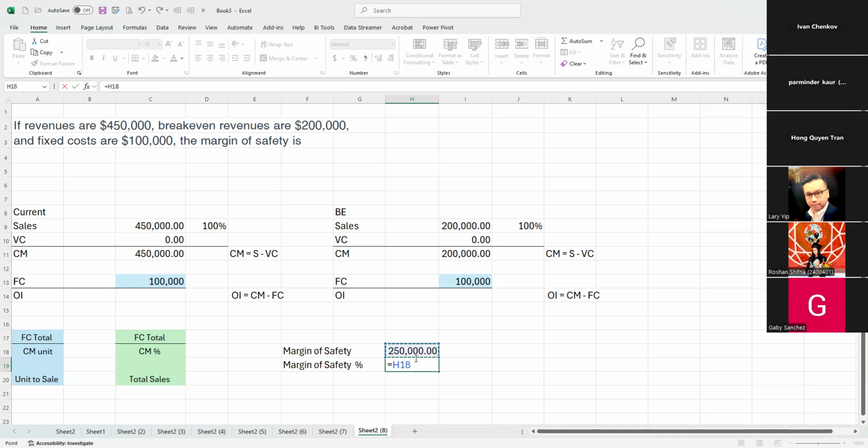The break-even or current? Current, 450. This one divided by that one, and put the percentage, and you're there. Make sense? If I ask you for more numbers, just expand the formula, you're gonna see it. Okay, anything else?